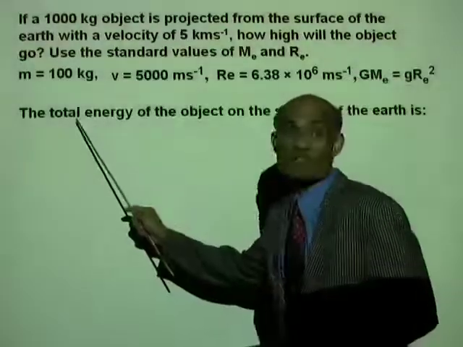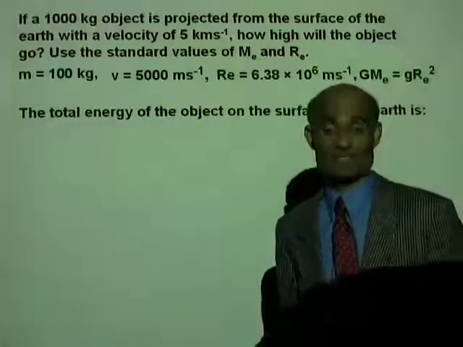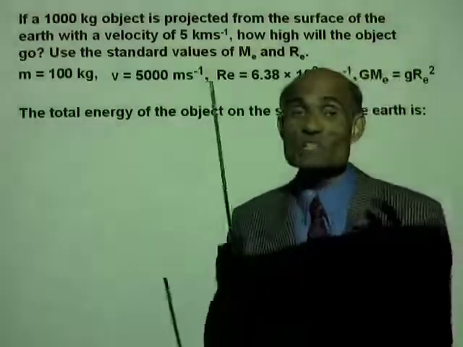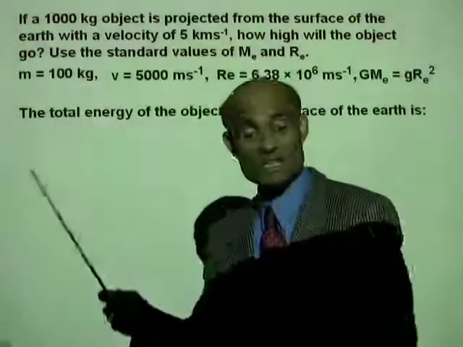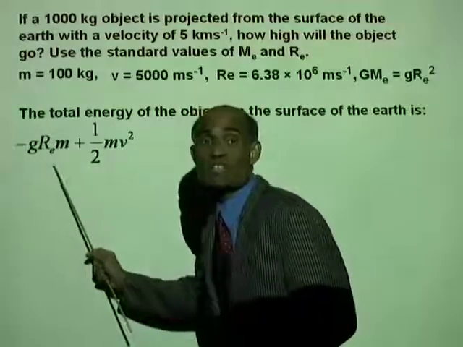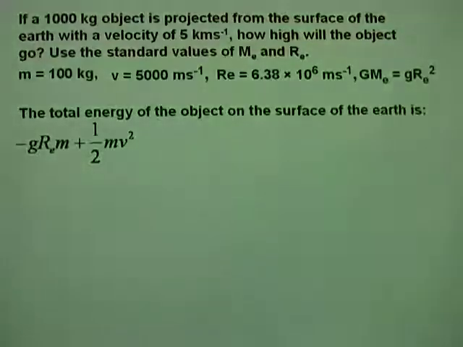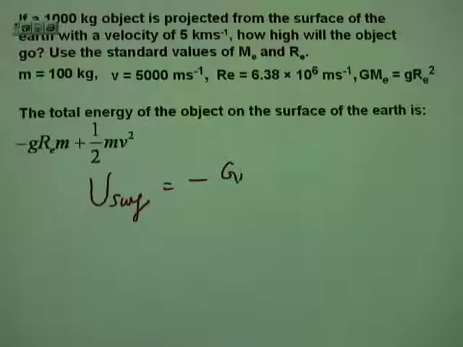What is the total energy of this object on the surface of the Earth? Total energy is its potential energy plus its kinetic energy. The potential energy of an object on the surface of the Earth is negative G ME m over RE.